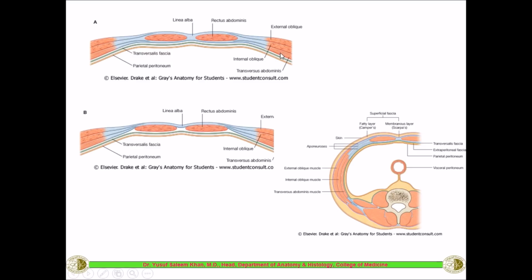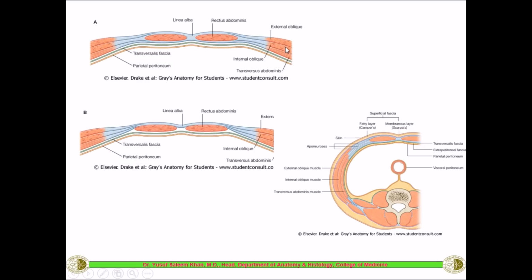If you see closely, the external oblique becomes aponeurotic and covers the anterior surface of the rectus abdominis, so it becomes the anterior wall. If you trace the transverse abdominis, it goes behind, forming the posterior wall of the rectus sheath.